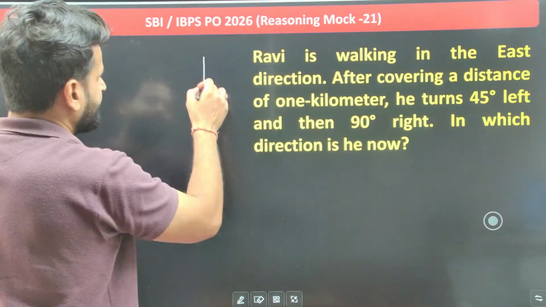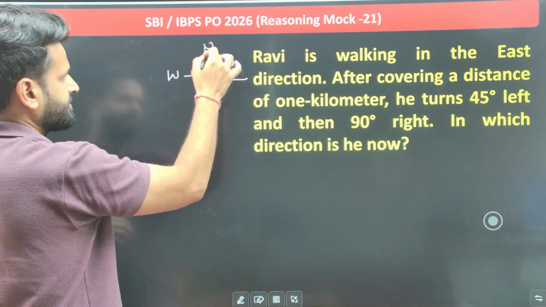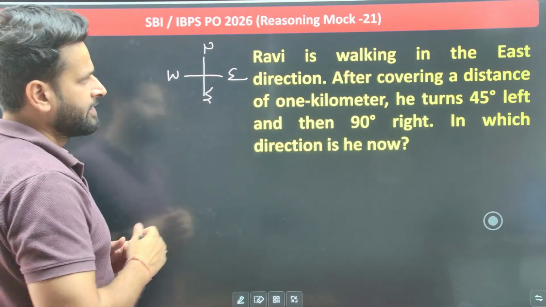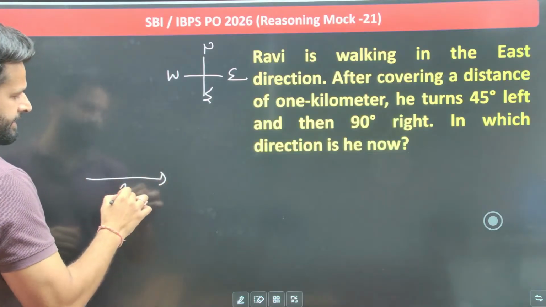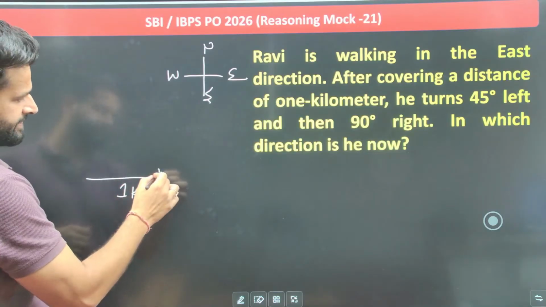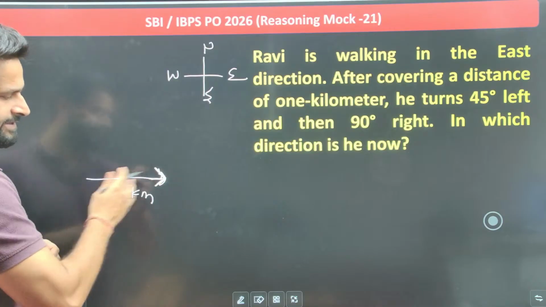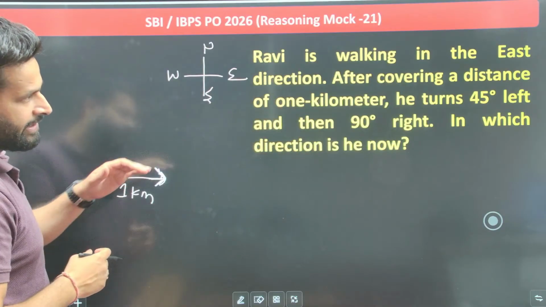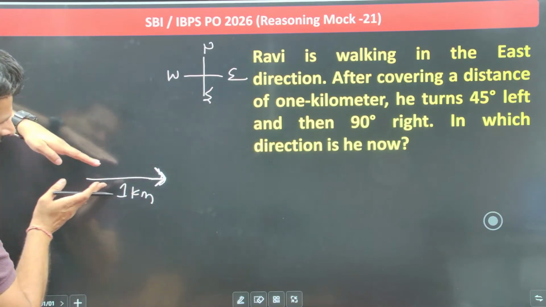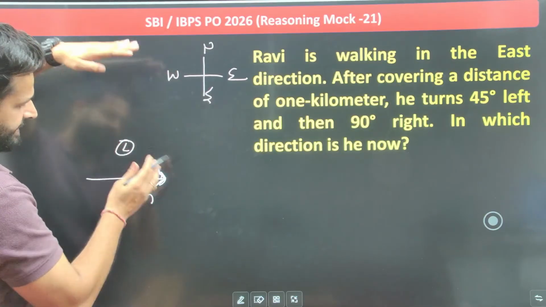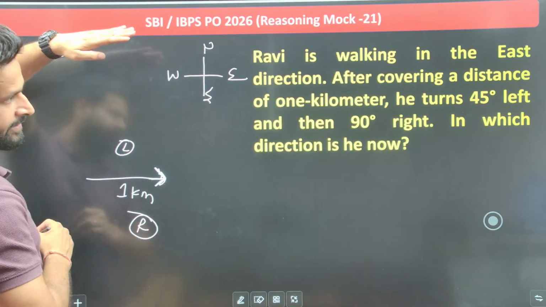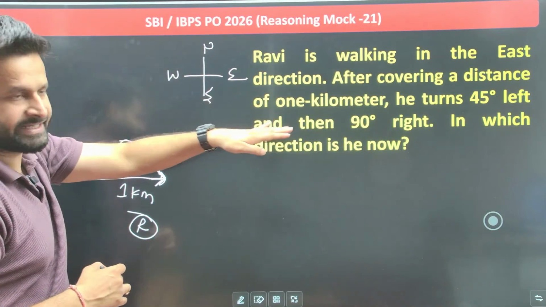Let us initially take the sign convention east, west, north, and south. The person is walking in the east direction. After covering a distance of 1 kilometer, this is 90 degrees. This is the east direction, right? Now I am turning. When I am going in this direction, upside is north, so I will be having my left hand, and below I will be having my right hand. So now I am turning 45 degrees left.